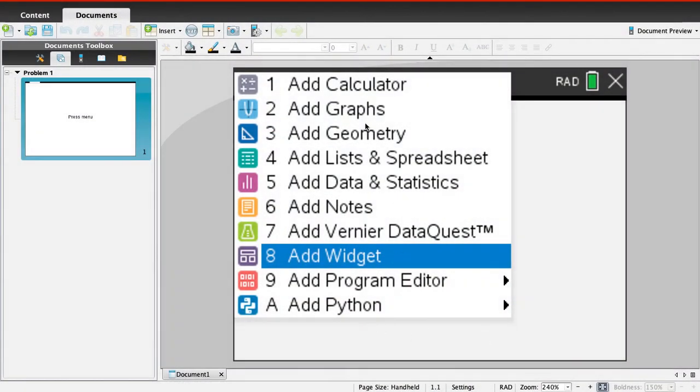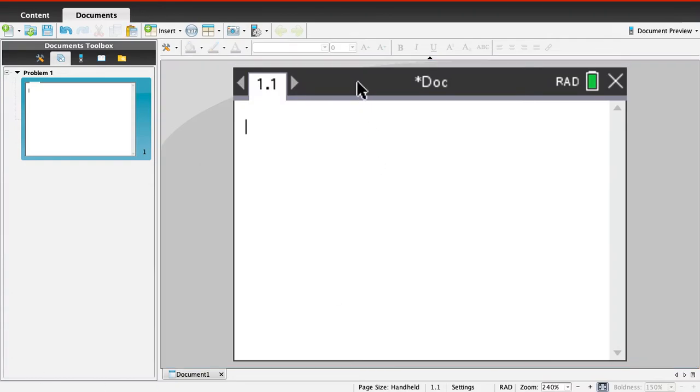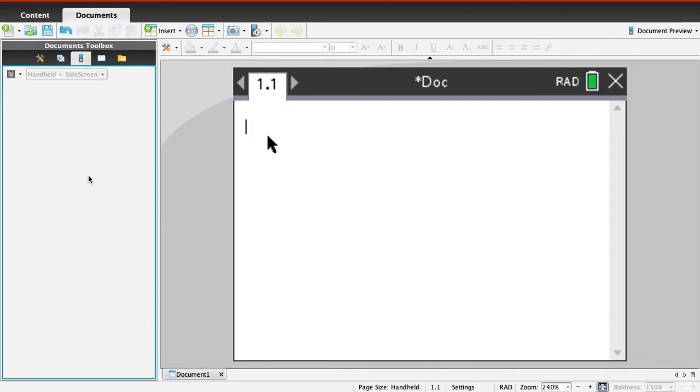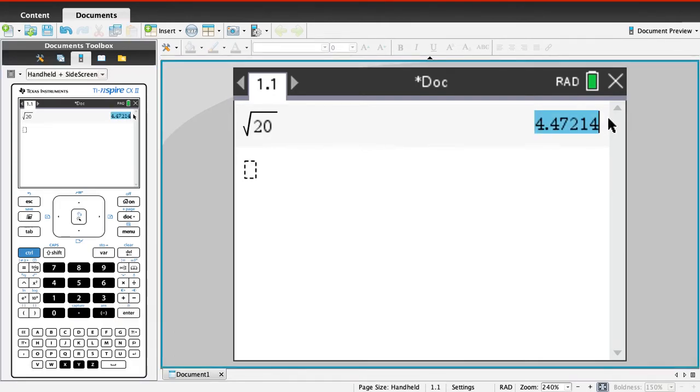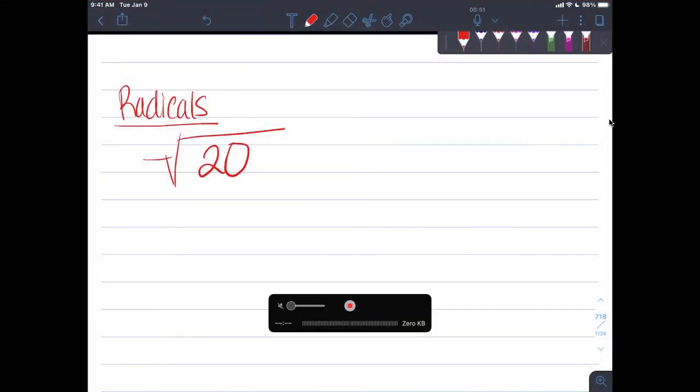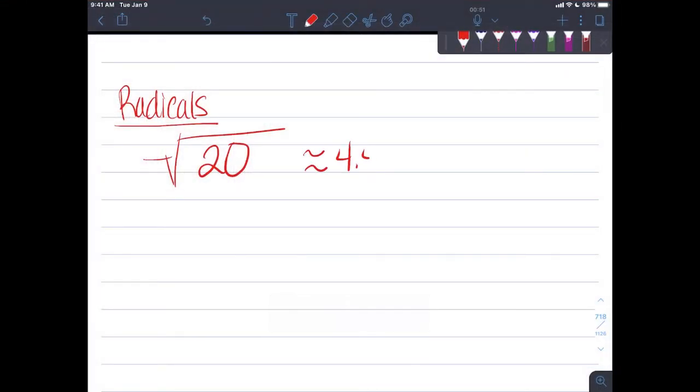If I type that into my calculator, I'll notice something interesting: it's 4.47214, right? Okay, interesting. So this is almost equal to 4.47. However, we can also reduce this to make it into a smaller form.